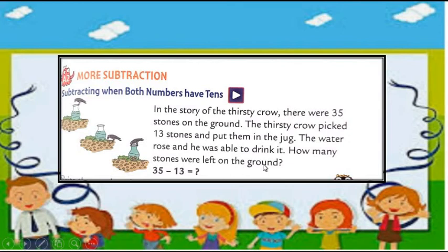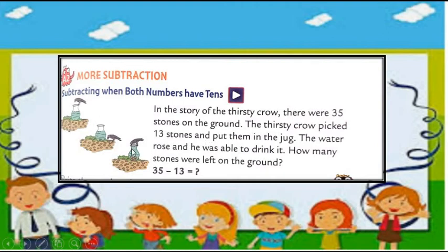What does it say? The thirsty crow saw 35 stones on the ground. Out of them, look, here it is picking up the stones. How many stones did it pick up? 13 stones, and put them in the jug.